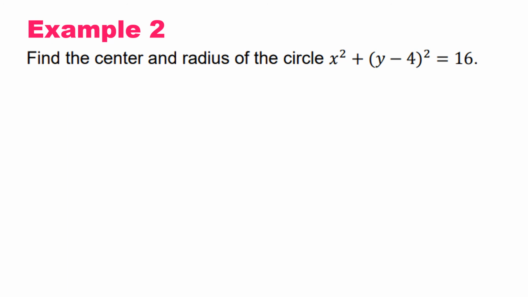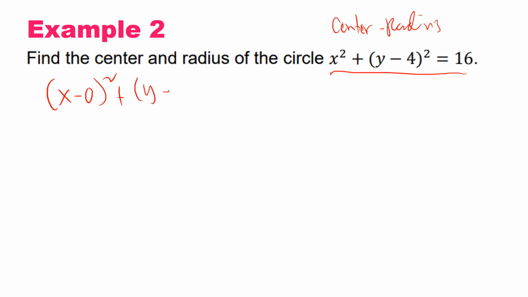Next, sabi dito, find the center and radius of the circle x squared plus y minus 4 squared equals 16. So the same process, this is in the form center radius. Okay, center radius. In fact, this can be rewritten in a form x minus 0 squared plus y minus 4 squared equals 16.